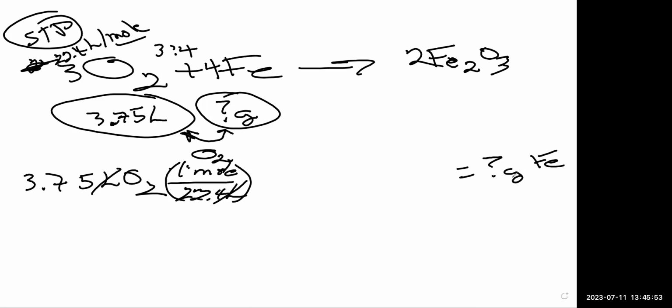We need to get to grams of iron. So the next ratio we utilize is the ratio of oxygen to iron, where we want oxygen in the denominator and iron on top. And then we put the coefficients, which is 4 irons to 3 oxygens. At this point, notice we cancel out the units of oxygen.